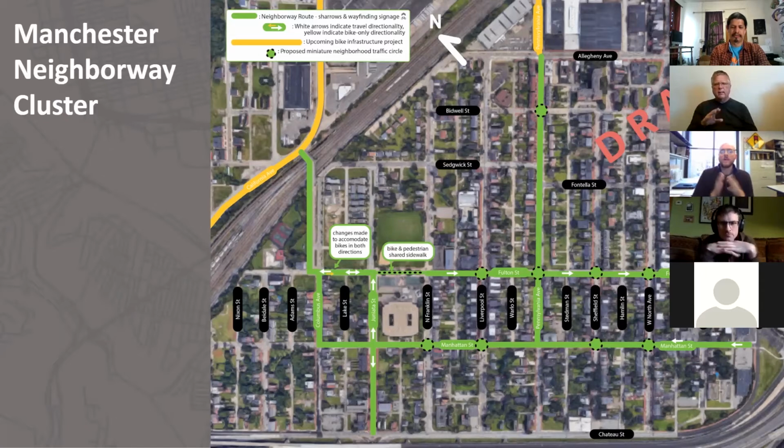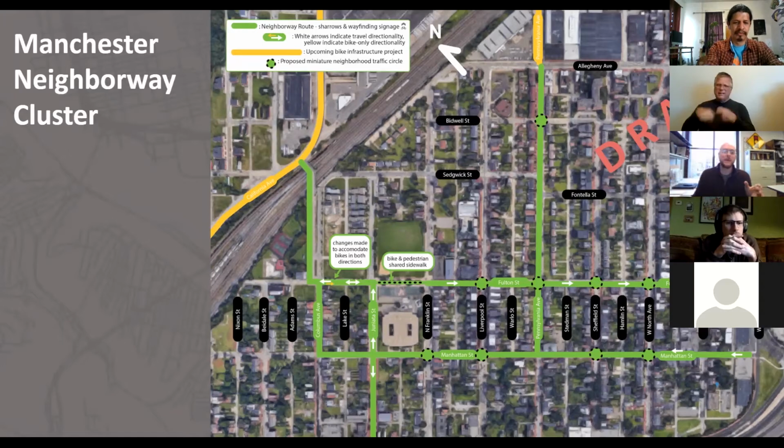So what sorts of things are we going to do, or what might we do to the neighborways? Starting at the north end on Fulton, right around the school and the park, you folks are probably well aware that we have a natural traffic diverter where the sidewalk is built. That also becomes a difficult challenge to bike up and through.